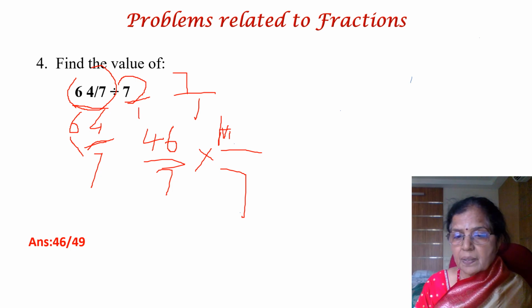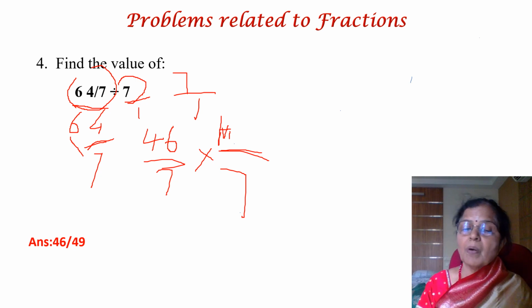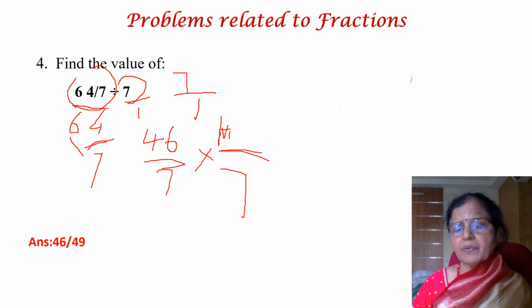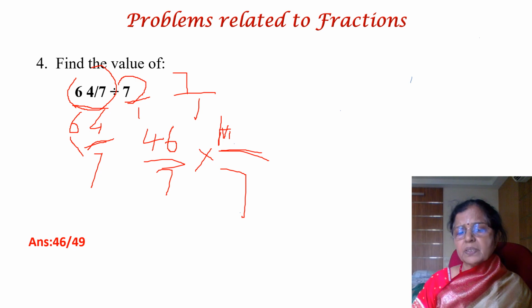So the reciprocal of this is 1 by 7. If you reverse it, 7 will come below the horizontal bar. So you have to bring the numerator to the bottom here, because it is division, only in division problems, not in multiplication, not in addition, not in subtraction. Always in division, whenever you want to divide by a number, you have to reverse it.